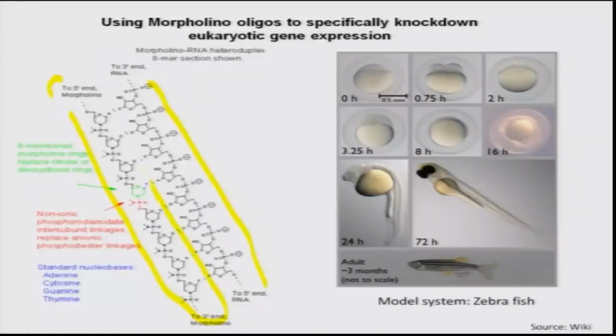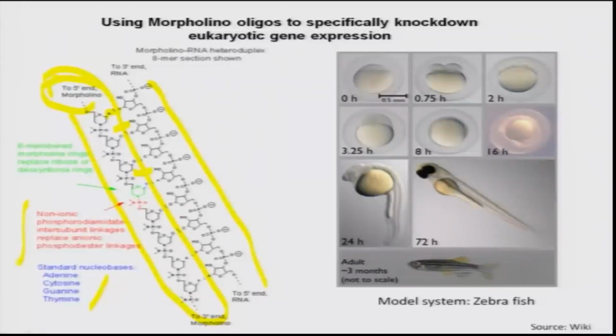This is nothing but an oligo having a modified 5' end, and then you have these bases. Okay. So, they all form base pairs just like that, right, and they have the same standard nucleobases, adenine, cytosine, guanine, but there are changes like what is shown here. These are non-ionic phosphorodiamidate linkages. This basically makes this nucleic acid survive in the condition, because your cell otherwise would degrade them, right.